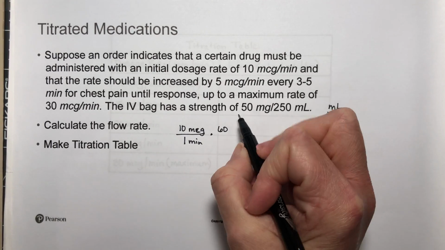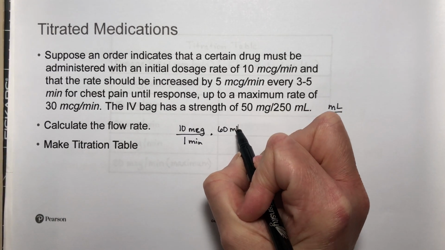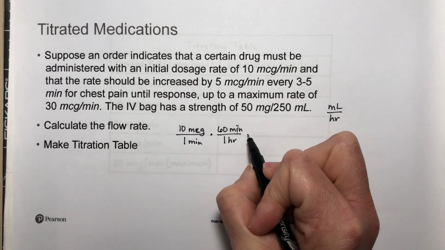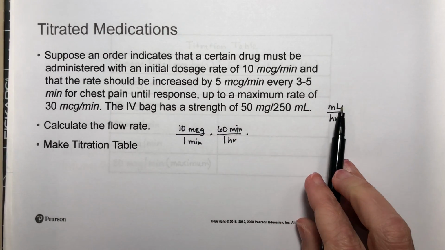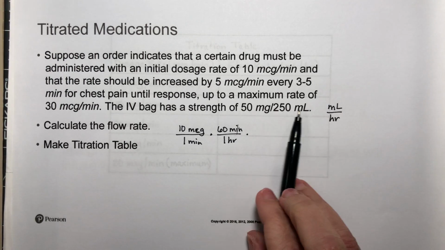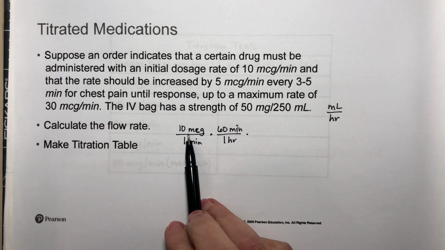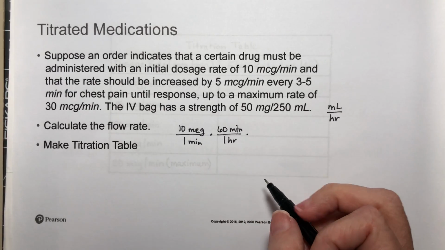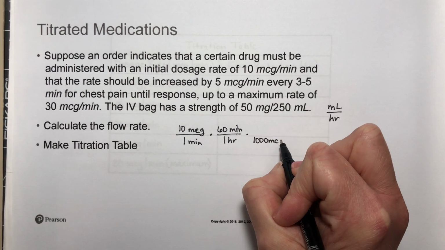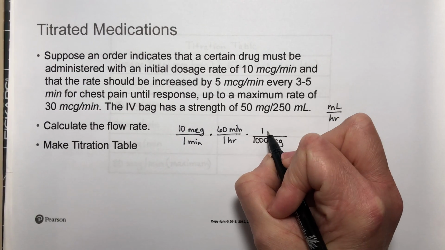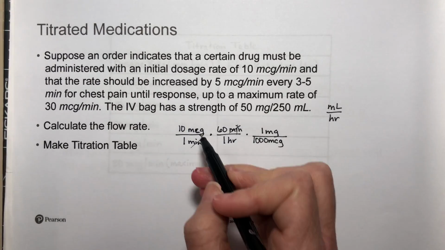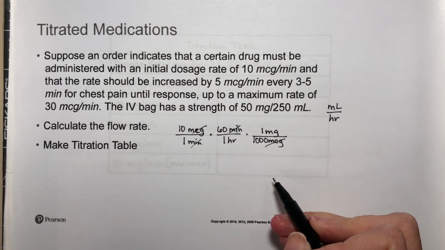There are 60 minutes in 1 hour. We need to go to milliliters. Here I've got milligrams and milliliters, but right now I have micrograms, so I need to get rid of these. There are 1,000 micrograms in 1 milligram. So minutes are going to cancel. Micrograms are going to cancel.